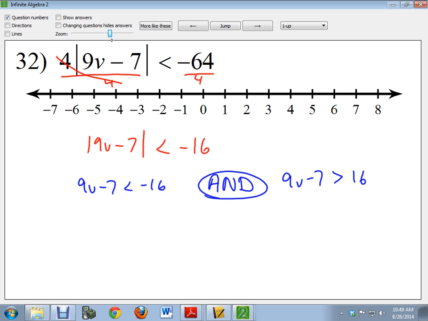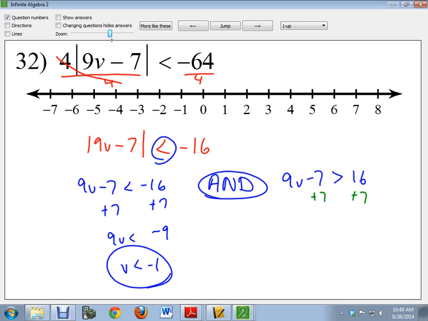This is an AND because that's a less than sign. We want to solve this, so we'll add 7 to both sides, and 9v is less than negative 9. Therefore, v is less than negative 1. And that's a perfectly good response. And we'll add 7 to both sides. 9v is greater than 16 plus 7, which is 24.